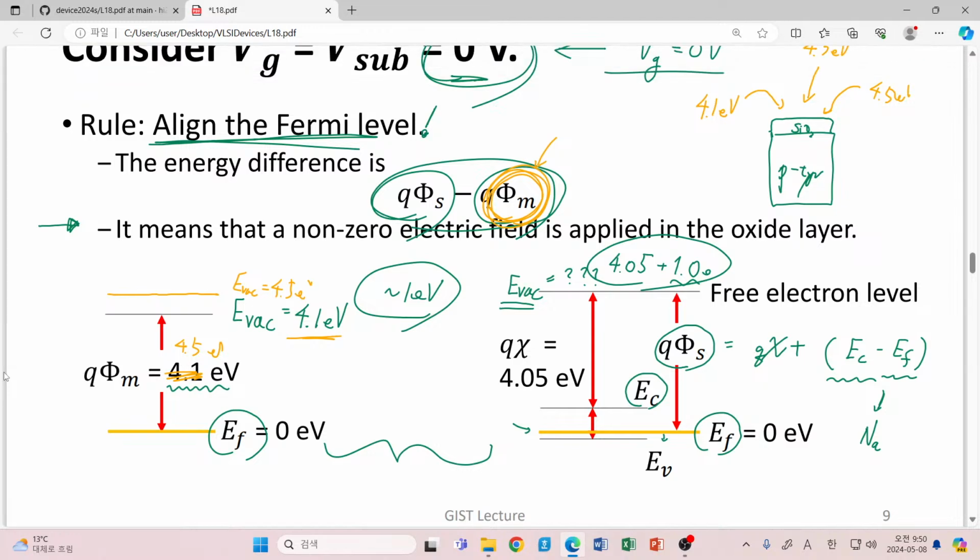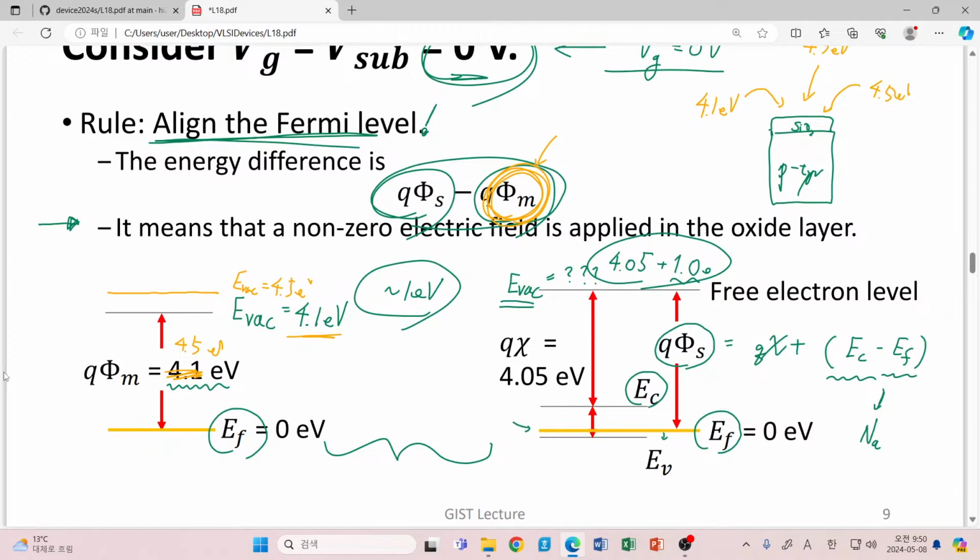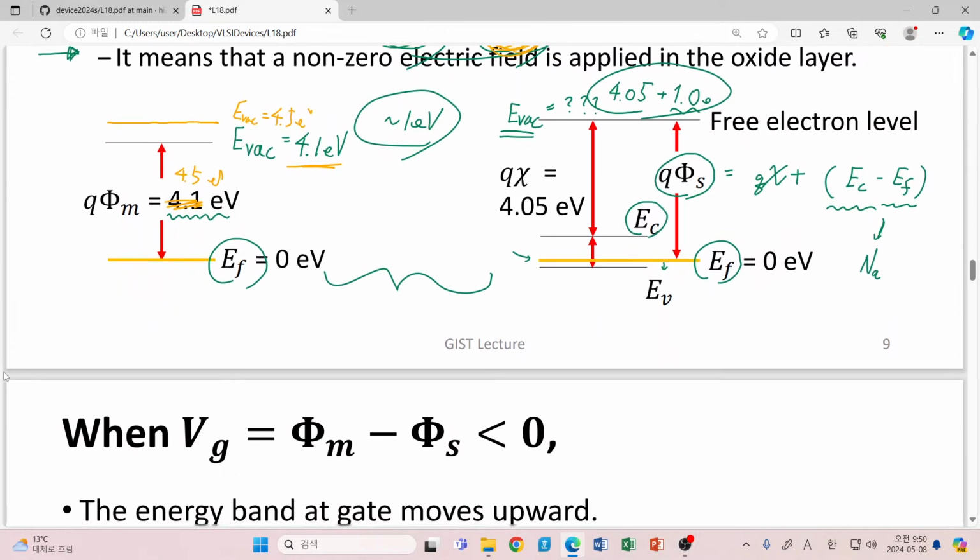So it means that the energy difference will be much lower than in the previous case. So by controlling this metal work function, you can conveniently change the initial 0 volt energy band profile. That is quite important for your later use. So please note that if you change the gate metal work function, it changes your band diagram at 0 volt.